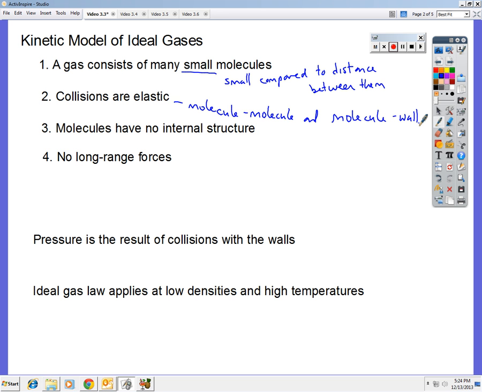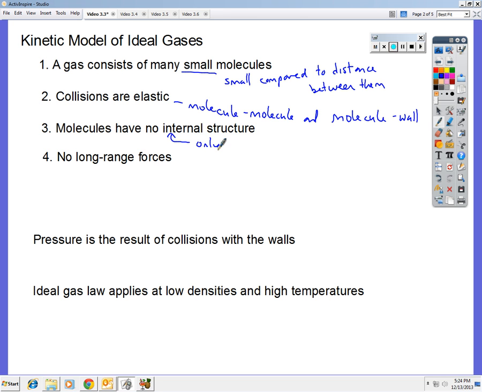It bounces off with the same energy it had before. Now the next thing is we say that molecules have no internal structure. That turns out actually to be equivalent to the idea that collisions are elastic, but the idea is that we're ignoring bonds in the atom and we're ignoring energy of oscillation within each molecule. We're just looking at the kinetic energy.